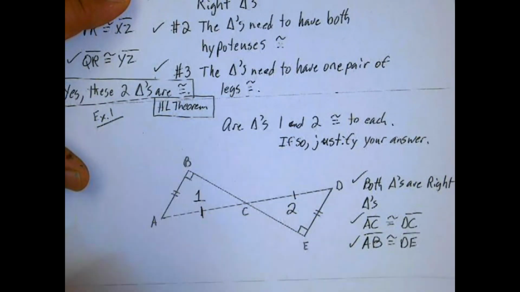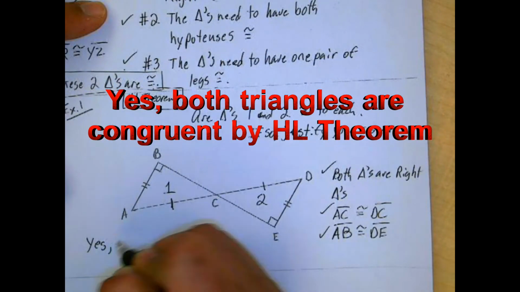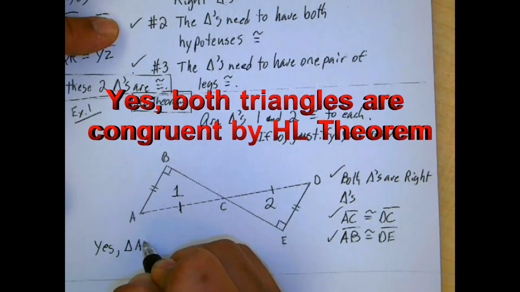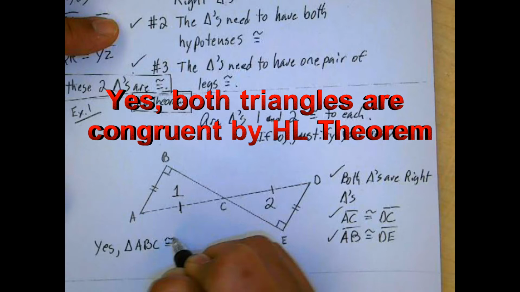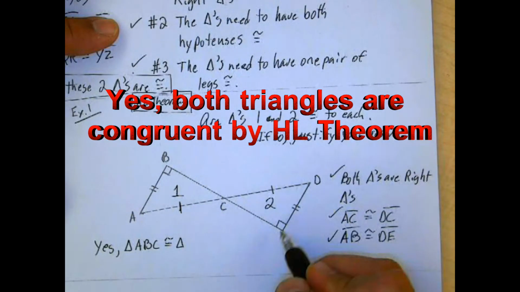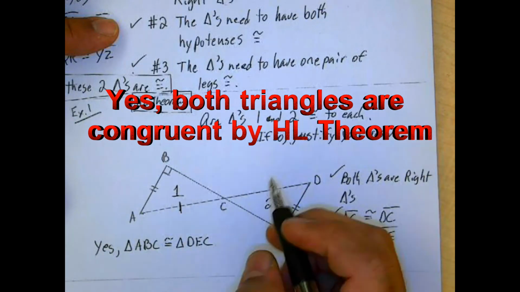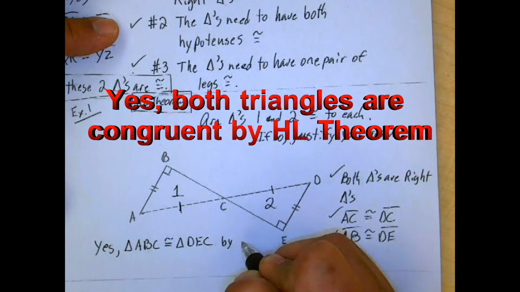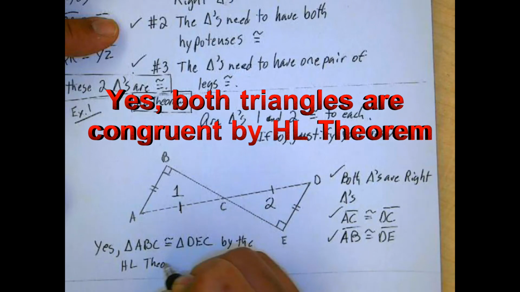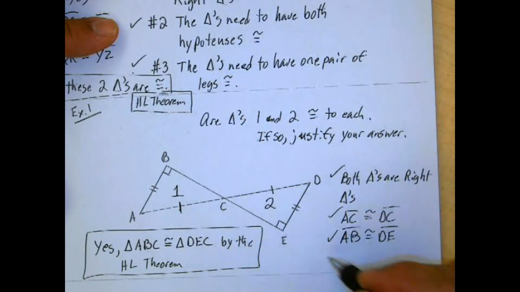So how would you write it as an answer? You would say it like this: yes, comma, triangle ABC is congruent to triangle DEC by the HL theorem. And that's it. This is showing your work right here.